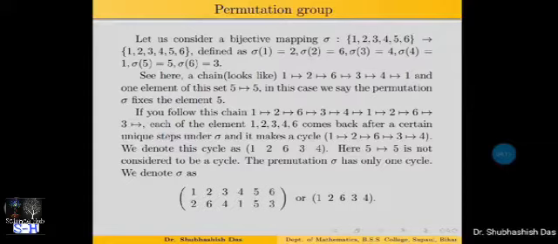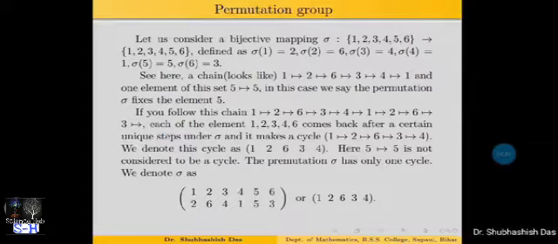In this case, we say the permutation sigma fixes the element 5. If you follow the above chain, each element 1, 2, 3, 4, 6 comes back after a certain unique number of steps under sigma, and it makes a cycle.